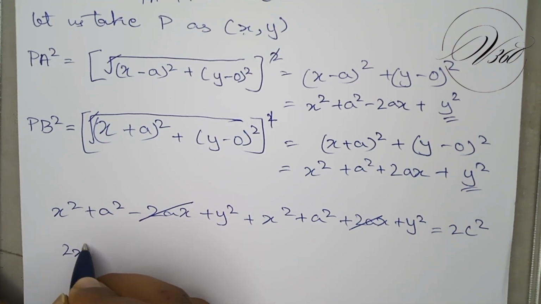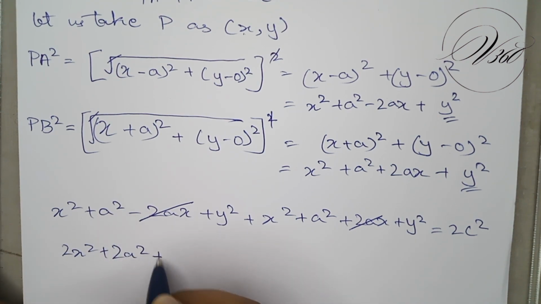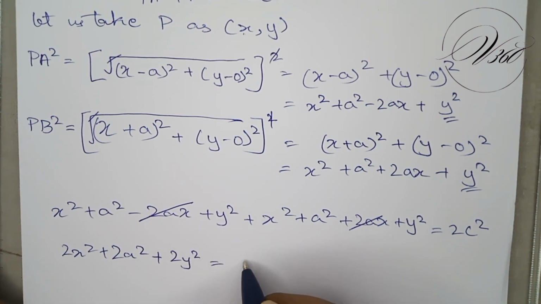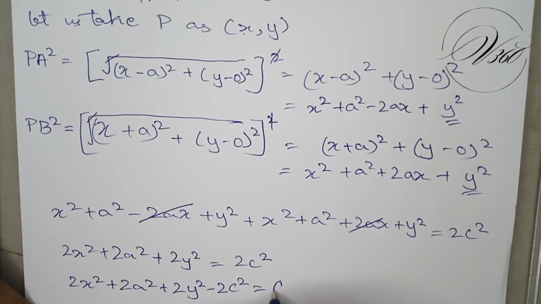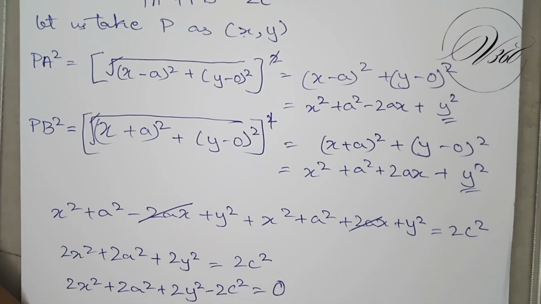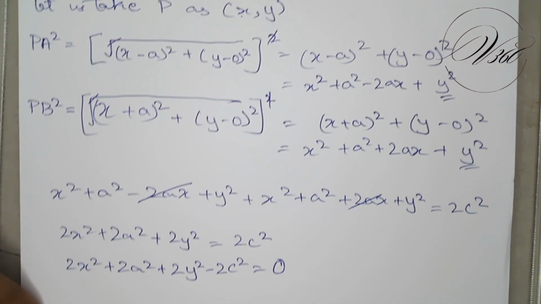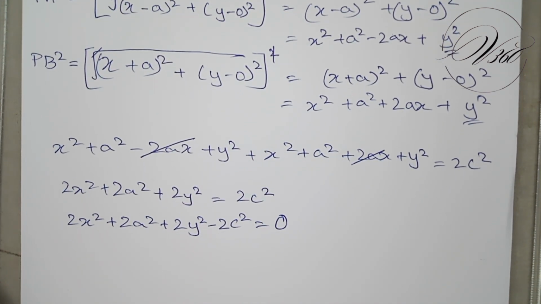Now we'll get 2x square plus 2a square plus 2y square, which is equal to 2c square. Let us take c here. Now we'll get 2x square plus 2a square plus 2y square minus 2c square, which is equal to 0. Right. Let me settle it.